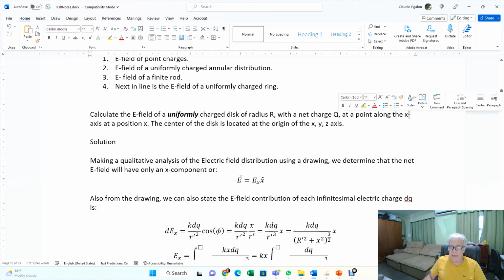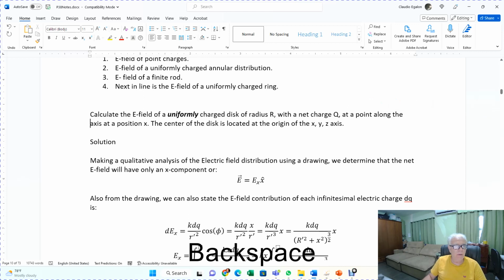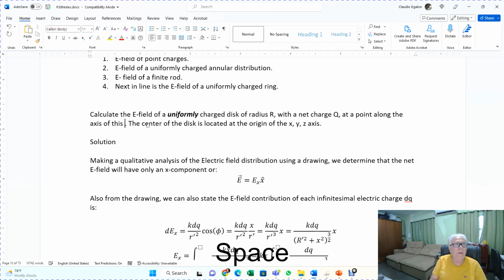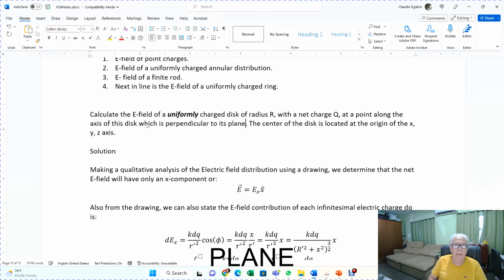It's better to put here the axis of the disk, which is, by the way, perpendicular to its plane. The center of the disk is located at the origin of the XYZ axis.